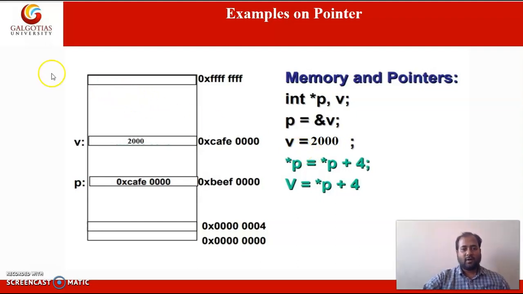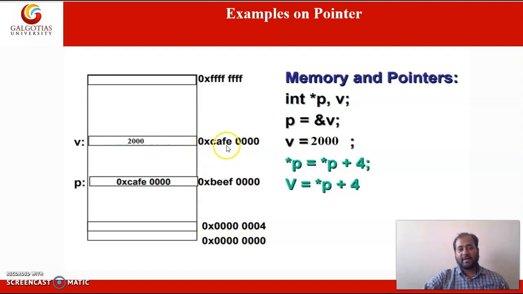On the left hand side this is the memory block, where each location has its address and a block to store the value. Here we have variable v, which has 2000 as the value, and it has an address.